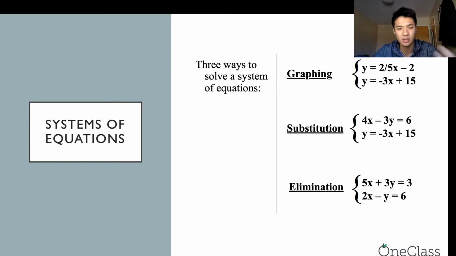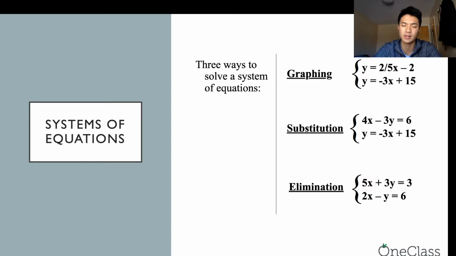I would recommend trying to do a lot of practice. You can find worksheets about systems of equations online just to get comfortable with those strategies. But again, both of these strategies will always yield you the same solution. Just the amount of work that you have to do to get there might be a little bit different. Okay, so that's how you solve systems of equations.